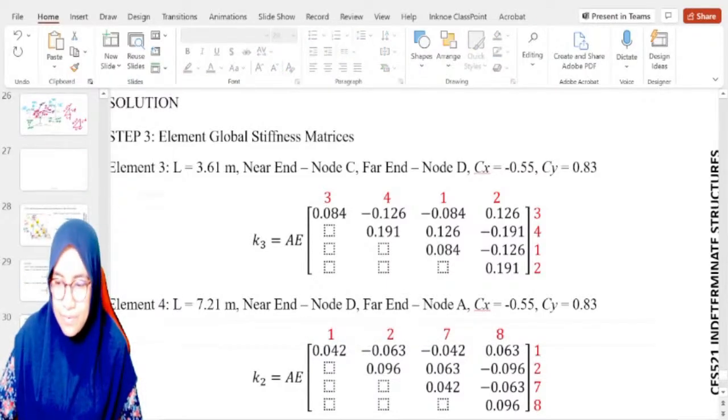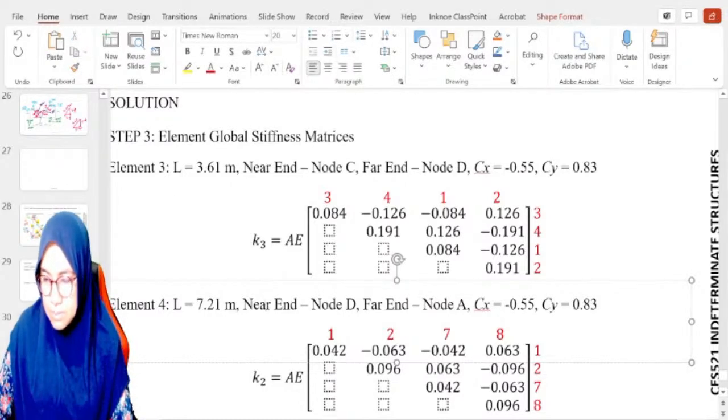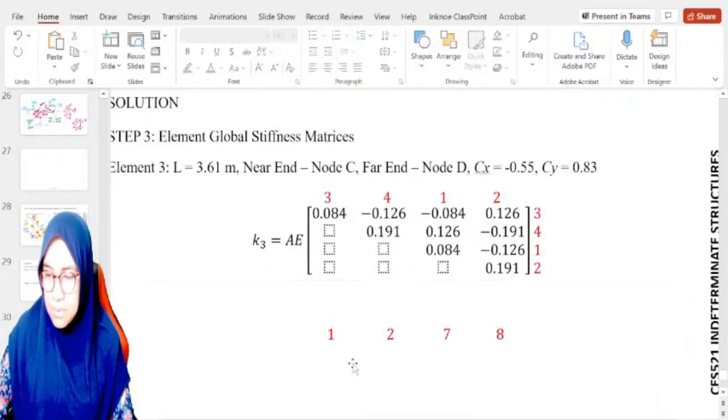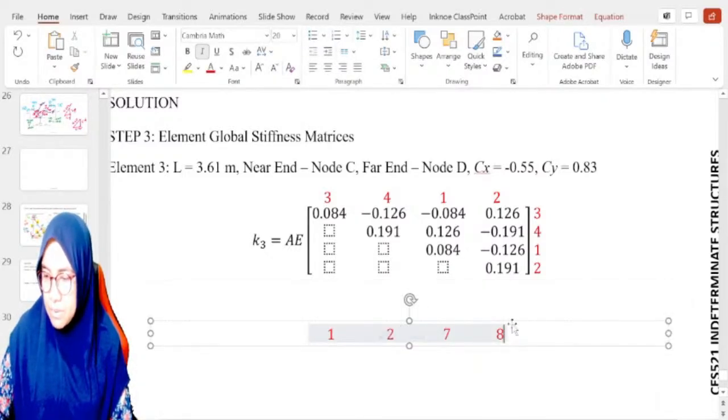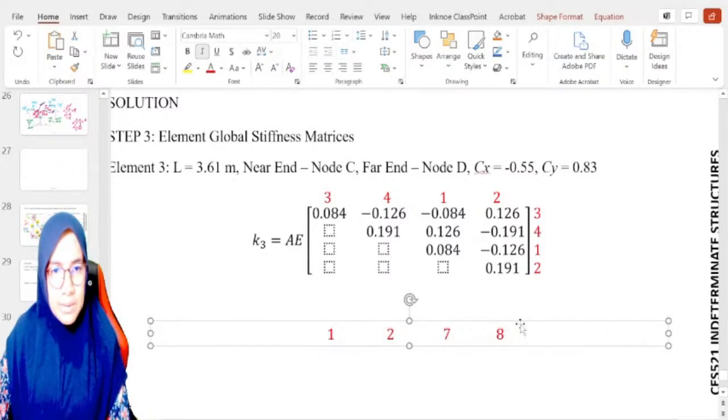So we have the next one, element 5. We only have one remaining.